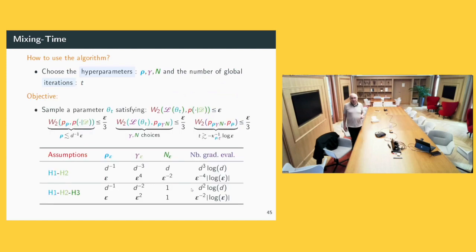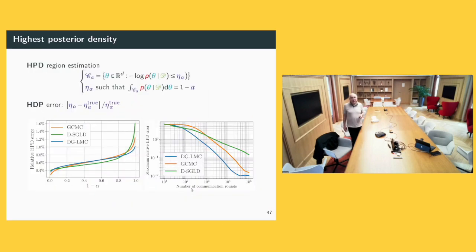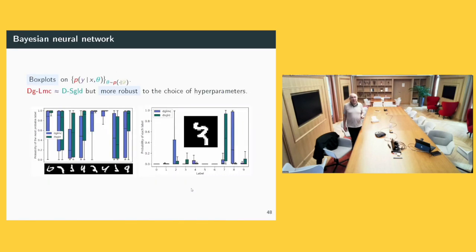Okay, so you obtain a dependence on the dimension which is polynomial, and this example is just an illustration. If you take examples of data from MNIST, it's easy to reach something like 99% accuracy, or even more than that.